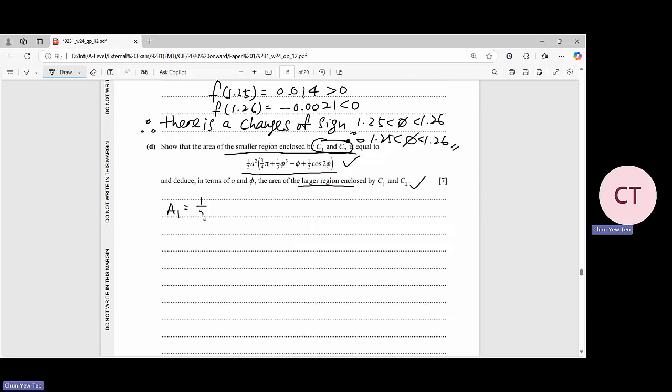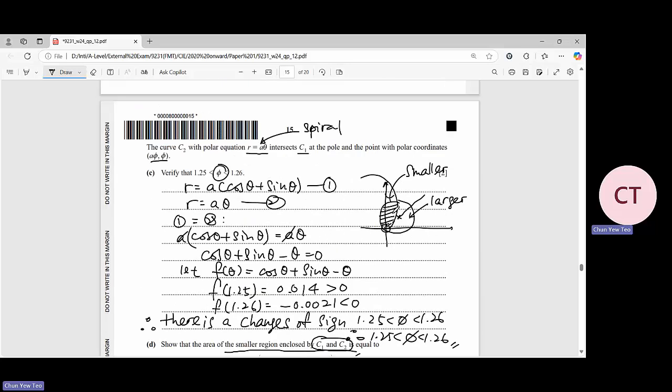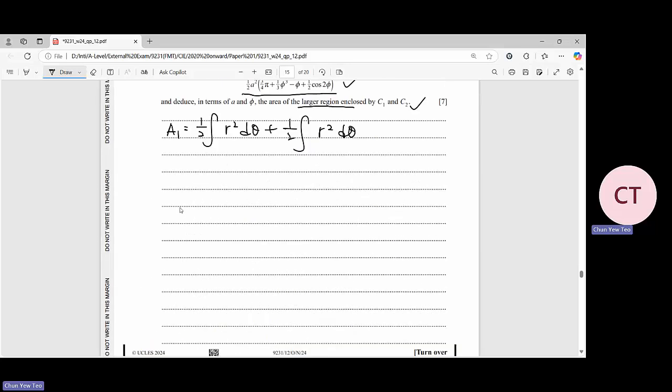The formula will be half integrate r squared d theta plus half integrate r squared d theta. So over here, for the smaller area, let me just explain. This is the circle.